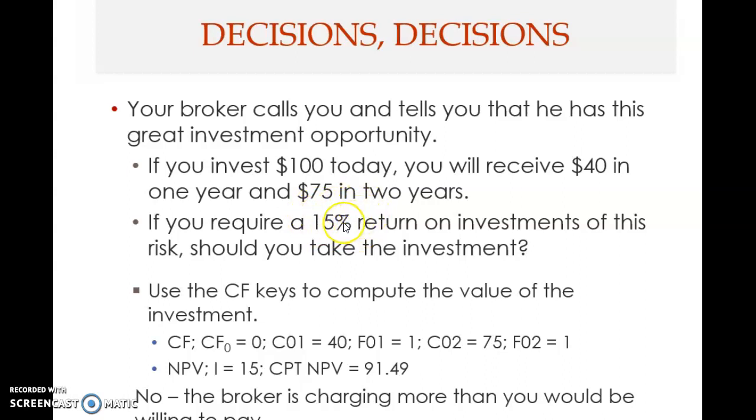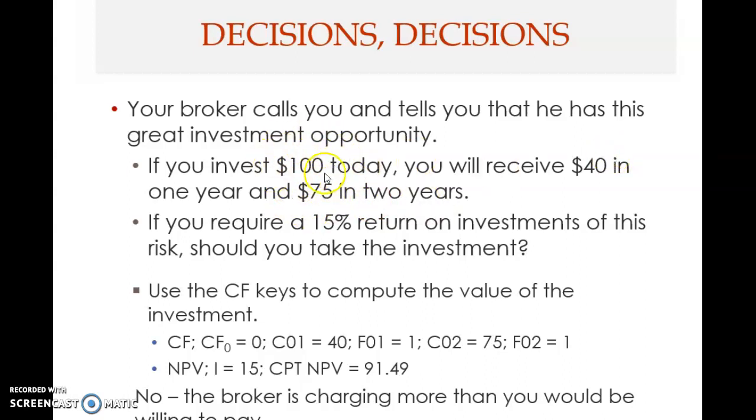That's what it means. Now note this, here you need to look at the elements in this time value of money problem. There are several types of cash flow. You have this $100 here, and then you have $40 here and $75 here. Don't confuse the two.